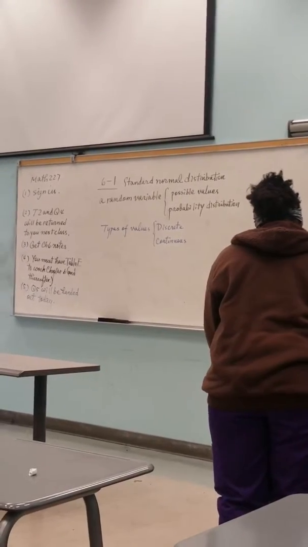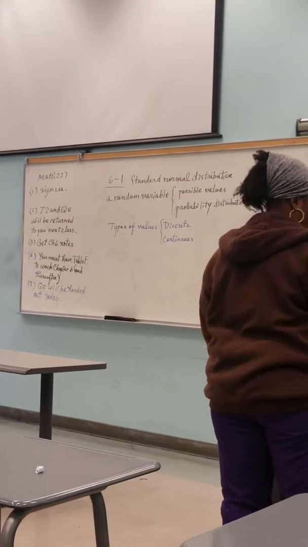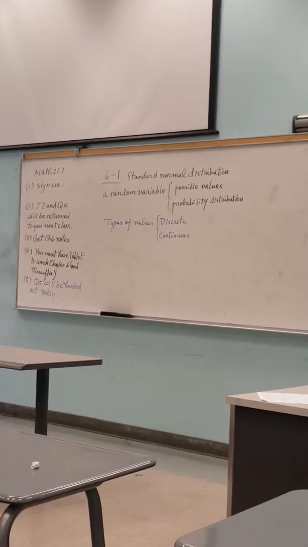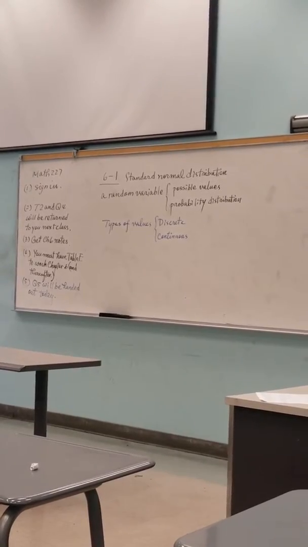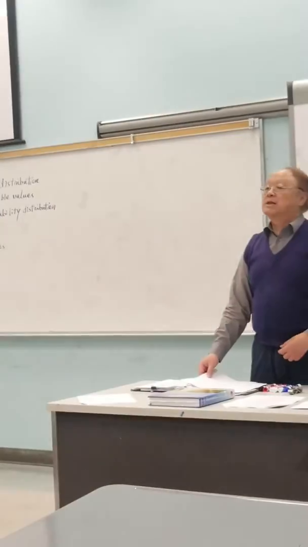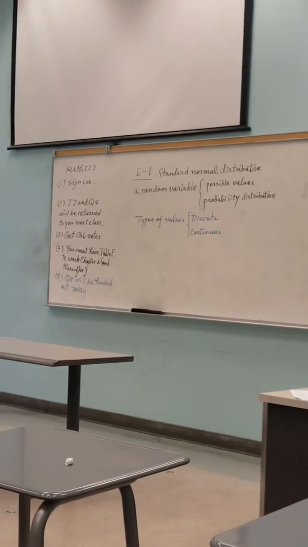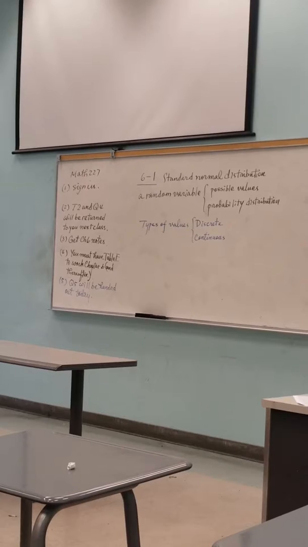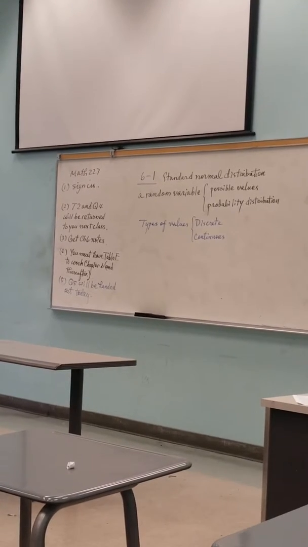Is this discrete or continuous? Discrete, because 70 is a possible value, 71 is a possible value, but not 70.3, 70.4, 70.5. No. So this is discrete type.